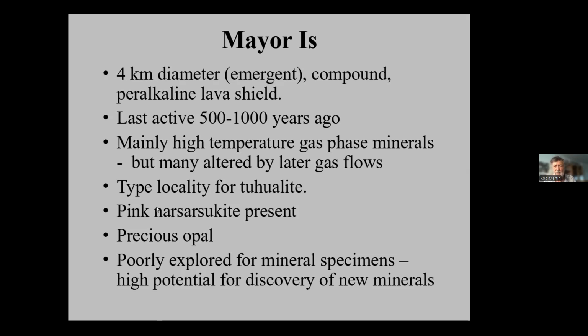It's also well known for bright pink to red narsarsukite crystals, but they're very small, about 0.1 of a millimeter, most of them. But they can be quite sharp crystals, and they occur quite extensively in at least three different eruptive sequences. It's also interesting for precious opal.